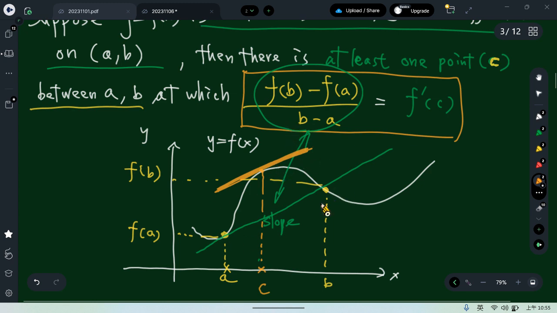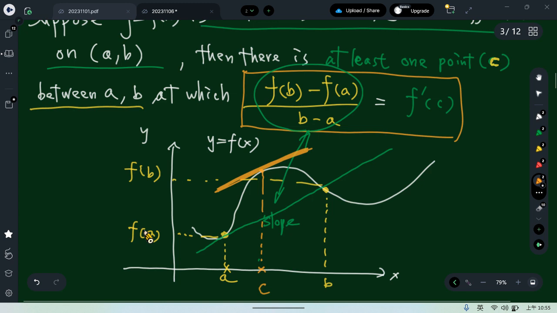And if you just link these 2 points together, then we try to calculate this value. It will be the slope for this line, linking these 2 points together. So based on this idea, actually we can say its derivative is the same as the slope for this one.